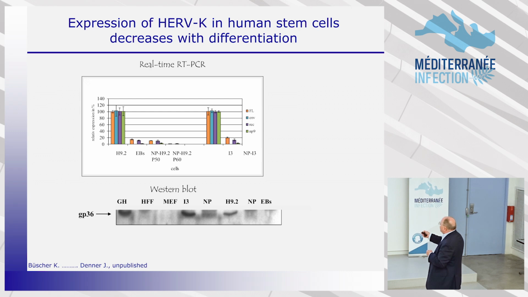Full length and REC, NP9, all full length and spliced were expressed in a stem cell line, and when they differentiated this line into the neuronal direction, the expression decreased in 2 lines shown here, and you also can see here expression in the stem cell line, and then after differentiation the expression disappeared.